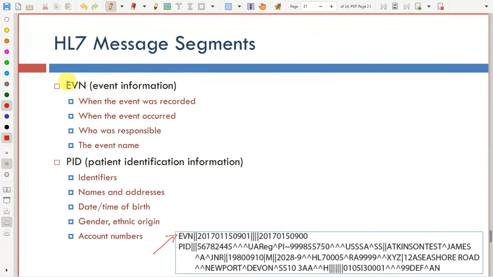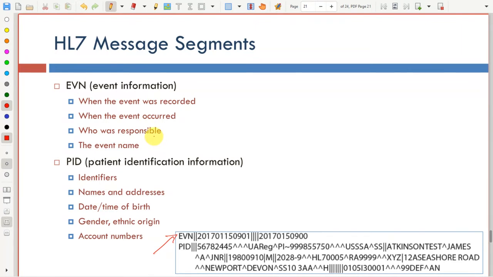Some other messages like event information, EVN, for example, have when the event was recorded and when the event occurred. Sometimes these are different. Who was responsible for it? You're not always talking about a person. Sometimes it's a person, sometimes it's a machine. For example, if you have a certain update to the patient record, it can be done through a lab information system, so the lab results were added to the patient file.